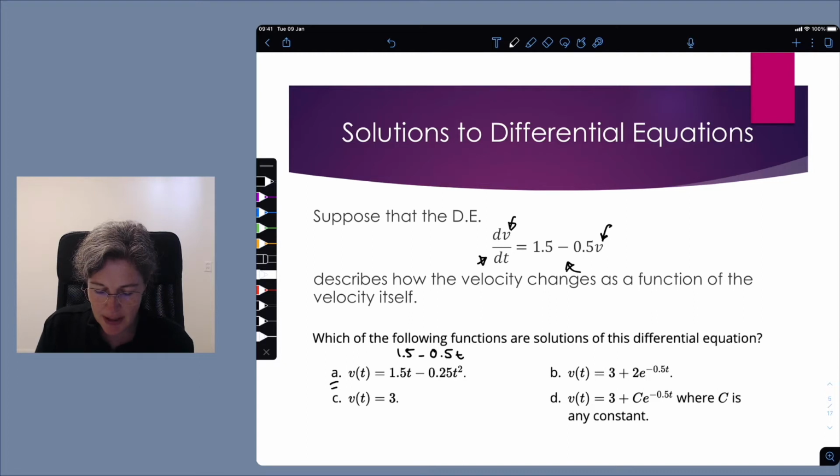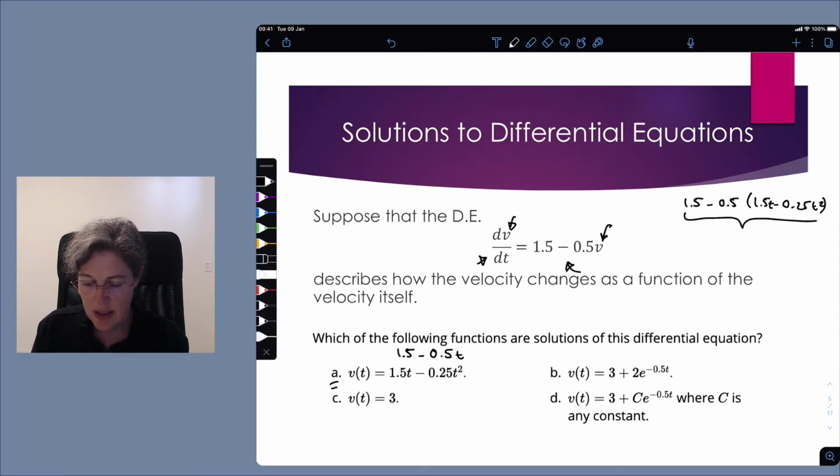And if you plug that in, we get that on the left, and on the right-hand side, we get 1.5 minus 0.5 times 1.5 minus 0.25 t squared. And if you check that, you'll see this, which is our right-hand side, doesn't equal this, which is our left-hand side.